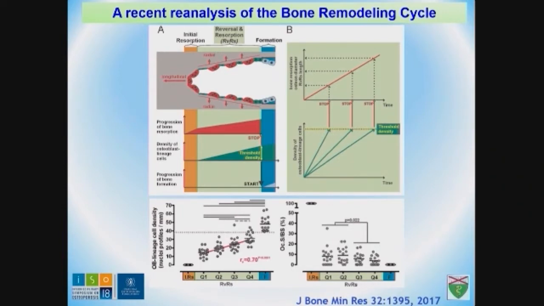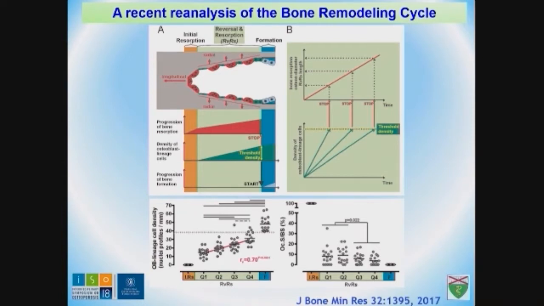So the way we tend to lose bone may be because we don't recruit osteoblasts fast enough to slow and stop osteoclast formation completely. And basically what this shows is that you have to reach this threshold density before you completely stop resorption.